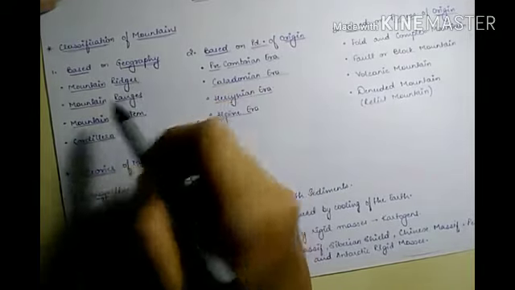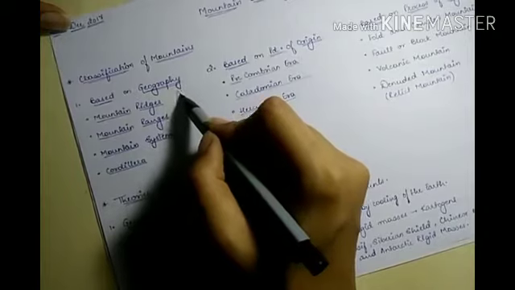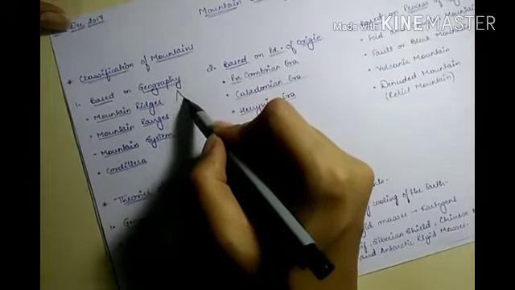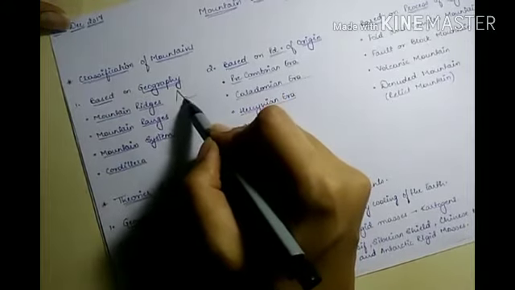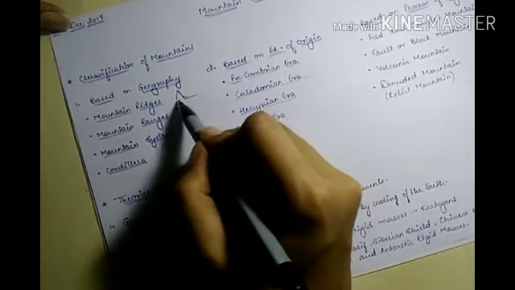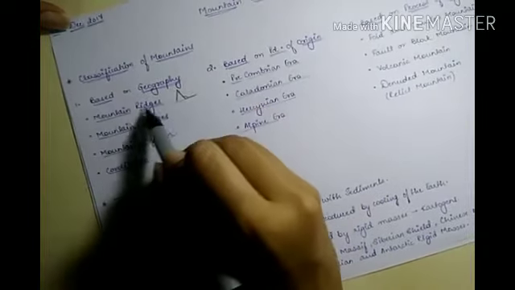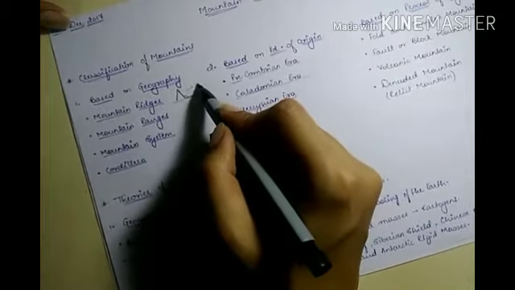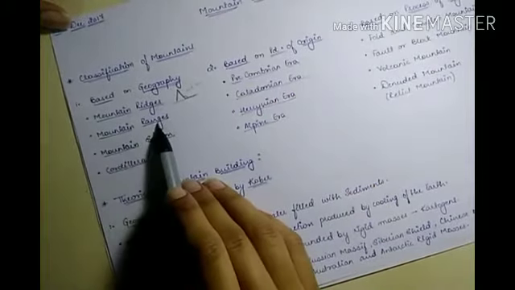First is mountain ridges. Mountain ridges are a single mountain or single hill having a slope and angle of elevation from the plane. Like, for example, Mount Everest is a mountain ridge. Then there are mountain ranges.